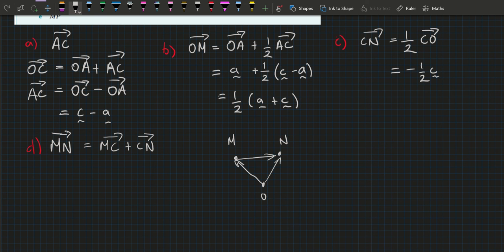So if O to N equals O to M plus M to N, then subtracting the O to M across, M to N equals O to N minus O to M. And so we've already done these, haven't we?